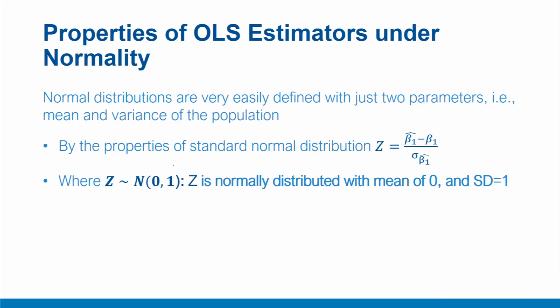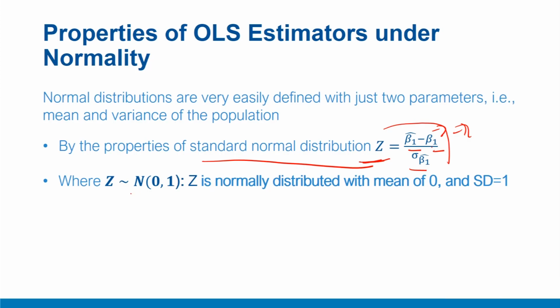Now we can also translate these assumptions that we discussed in the previous slide into the standard normal distribution format. Recall that this z, the standard normal version, is beta 1 hat minus its mean, which is expected to be the same as the population parameter, divided by the standard deviation of beta 1 hat.